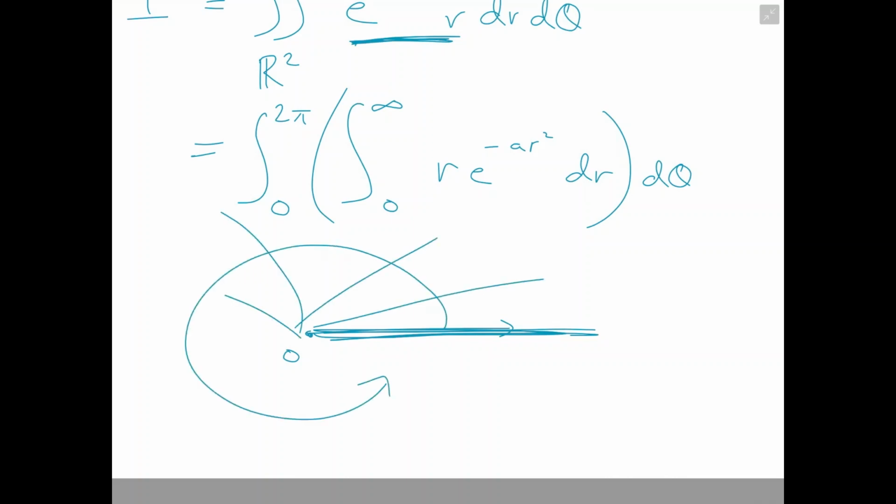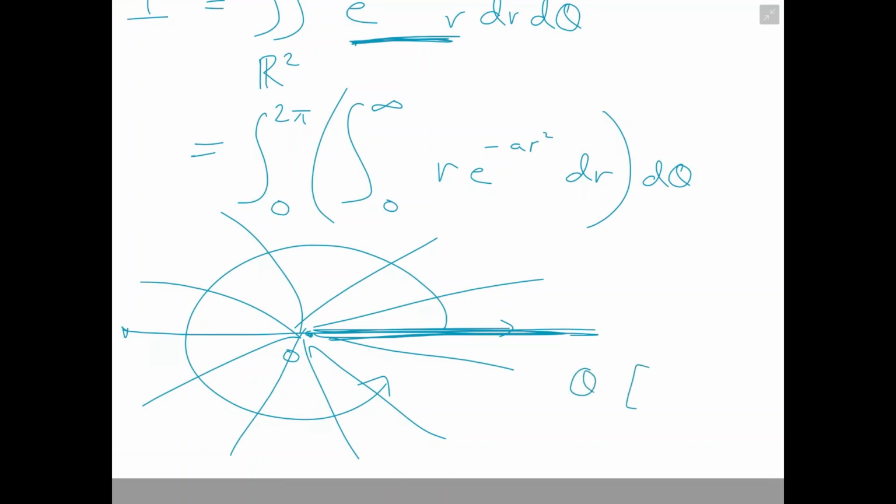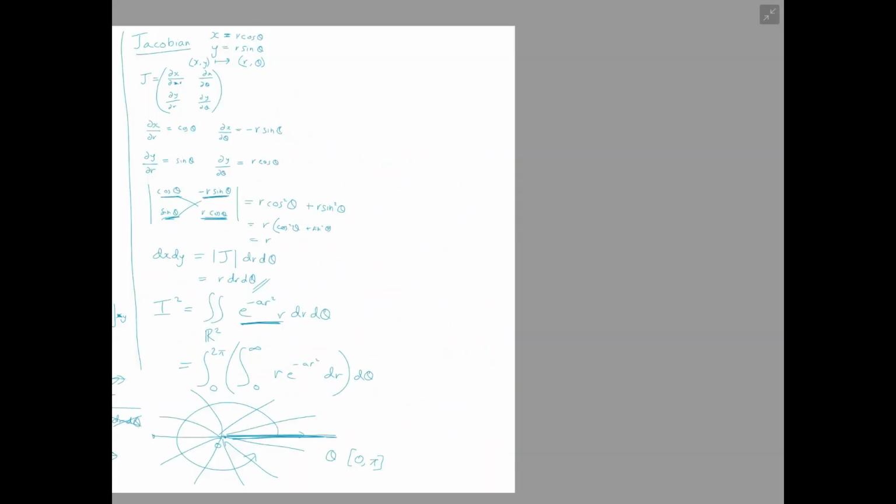So we're going to cover the whole of R2. If we instead chose r going from negative infinity to infinity, we'd sweep out the area twice. We could do that, but we'd have to change our theta angle to 0 to pi to avoid sweeping out the same area twice.